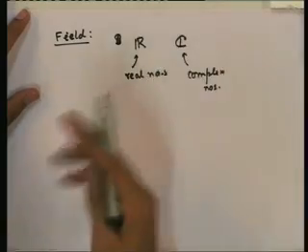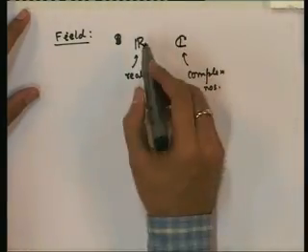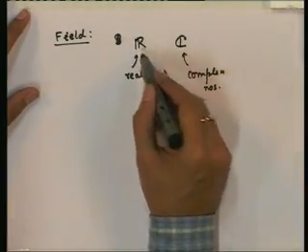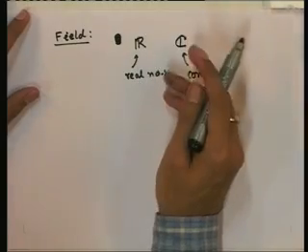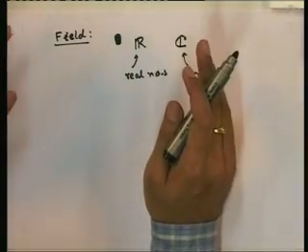They have two operations, addition and multiplication. Addition satisfies certain nice conditions, and multiplication satisfies certain nice conditions. Because of those conditions, this type of sets are called fields.